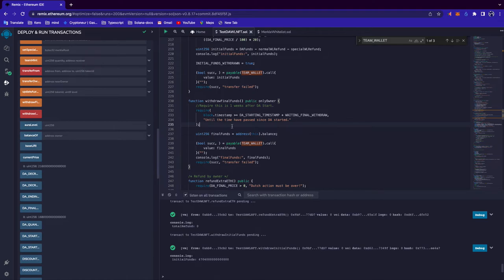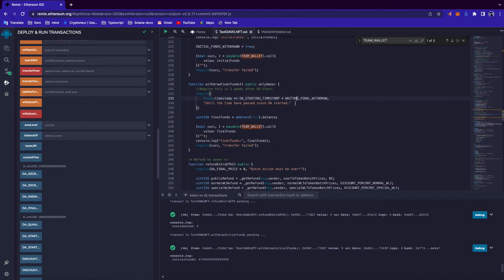Just keep in mind here, we definitely need to make sure that all investors finished their refund function by themselves. For that purpose, we confirm the waiting period on the final withdrawal function here. So we should wait for this amount of time after the auction has ended.